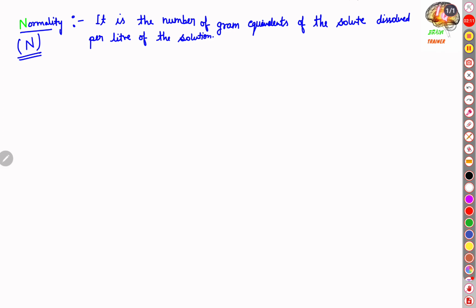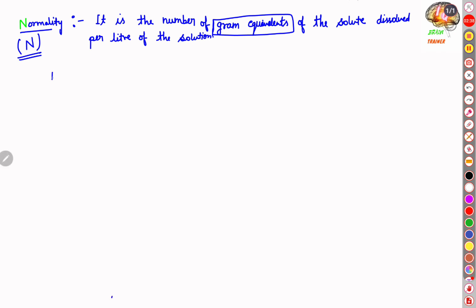Now one question is arising from the definition, because in the definition it is written here, it is the number of gram equivalents. What is meant by gram equivalents? Yes, we will discuss it in the same topic. Firstly, we are going to write here the formula of normality.